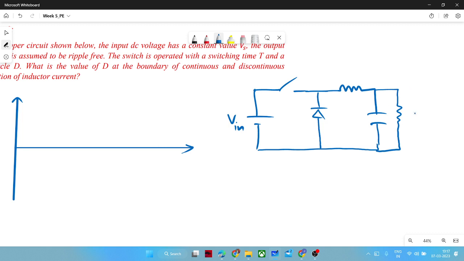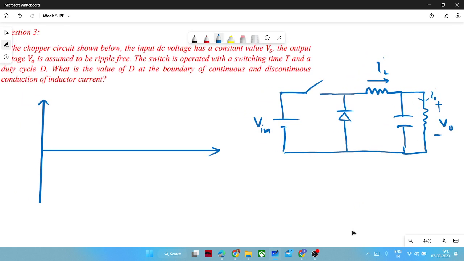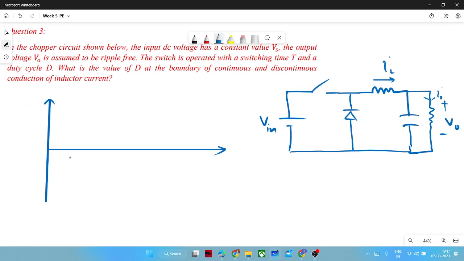Just a quick tip to recognize whether the circuit is a buck converter, boost converter, or which one. Generally, in a buck converter, the average value of inductor current is the output current, right? So it implies that your inductor must be connected nearest to the load. That is a quick tip you can use to pick which circuit it is.